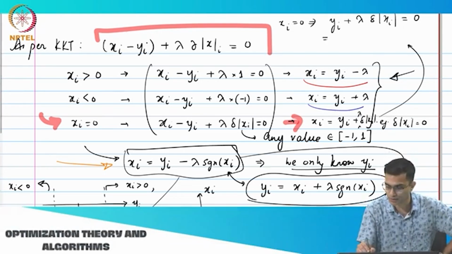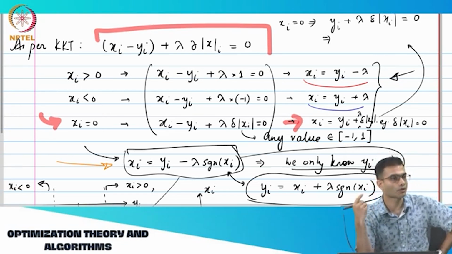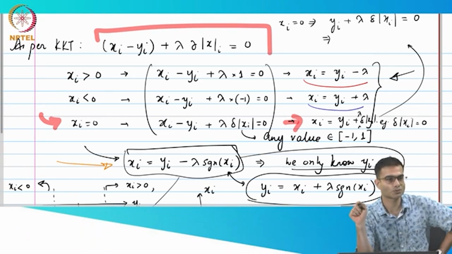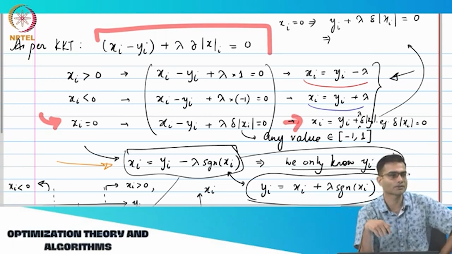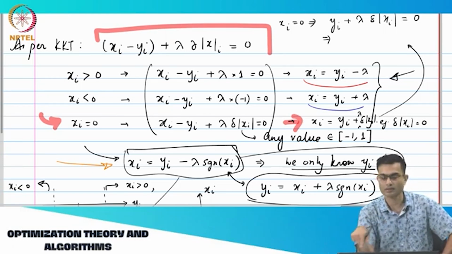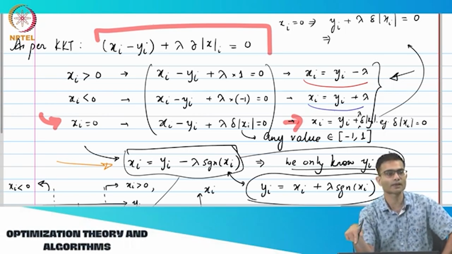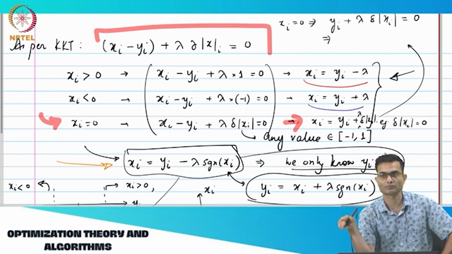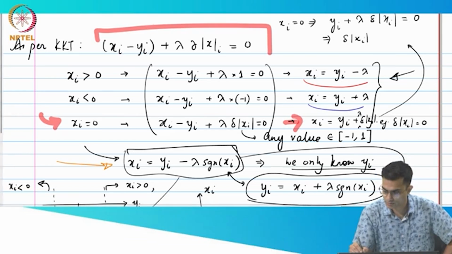So what does this imply? I cannot choose the subdifferential to be 0, because yi is being given to me in the problem. Yi could be like -6, and then this thing will not evaluate to 0; I'll get 6 plus lambda times 0, which is not equal to 0. So I have to choose the value of the subdifferential to be minus yi by lambda.